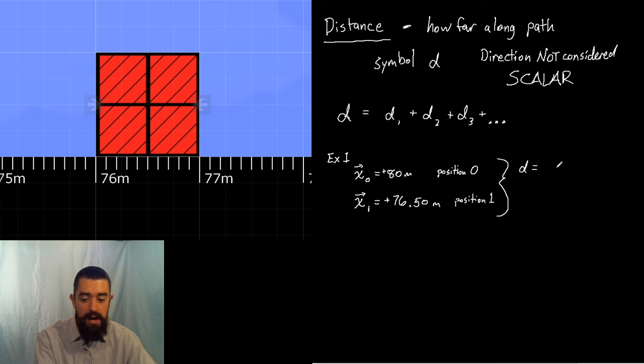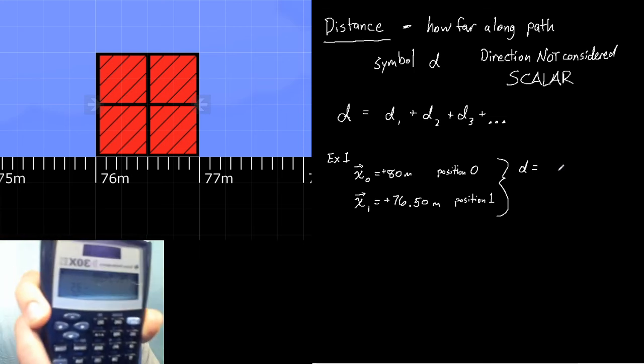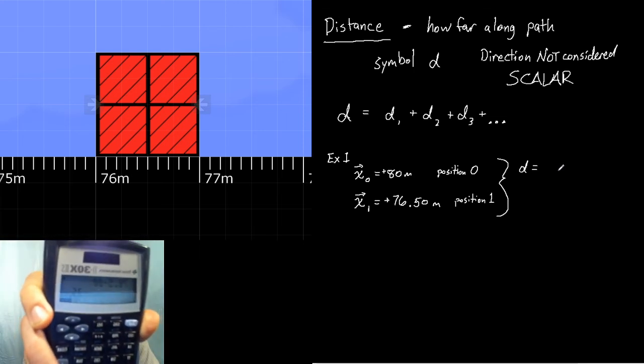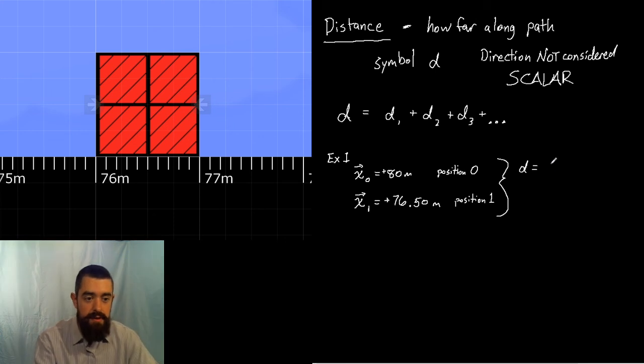So even though I got math of negative 3.5, I'm just going to be writing 3.5 meters as d1, the distance traveled first.